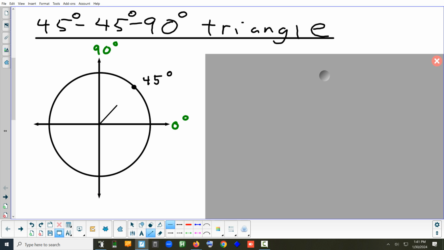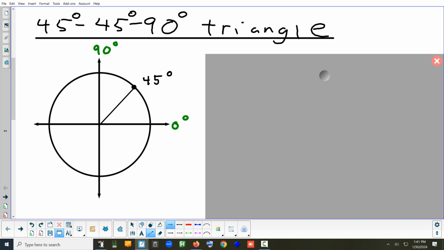Another way to think about it is that when you have a 45-degree angle, the slope of this line is 1. That's the slope. Now we want to figure out the coordinate for that point, so I need to turn that into a shape.